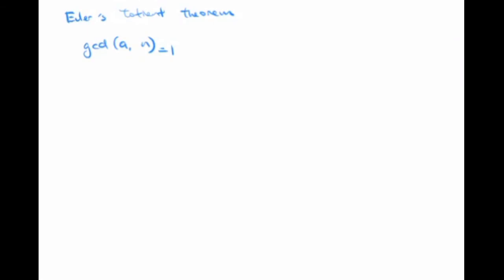Fermat's is more specific because the totient covers all integers n, while for Fermat's you want n to be prime.